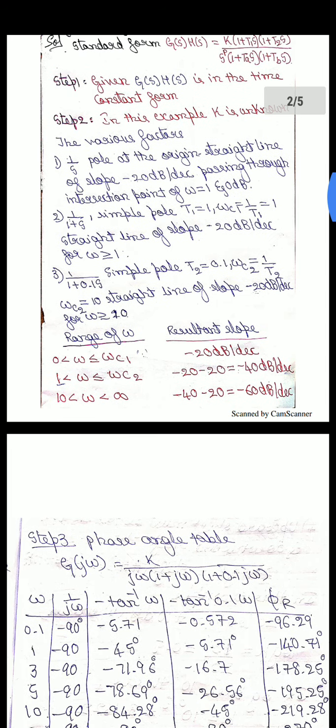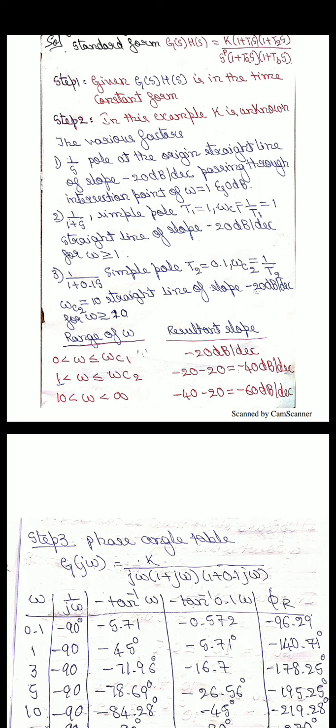From 0 to omega c1, the slope is minus 20 dB per decade. Omega c1 value is 1, so from 0 to 1 it is minus 20 dB per decade. In the second point, for omega greater than 1, again we get minus 20 dB. So 1 less than omega less than or equal to omega c2, where omega c2 value is 10.